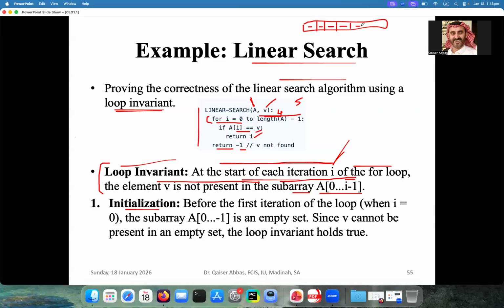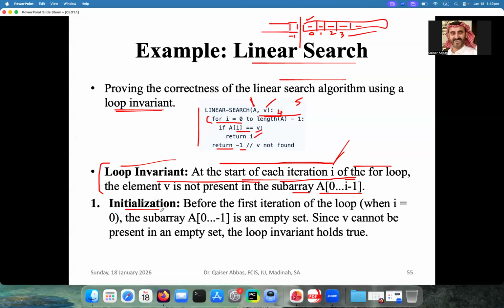This is your array, starting from index 0, 1, 2, 3, and so on. And here this is minus 1. But there is no array here. Your array is starting from here.